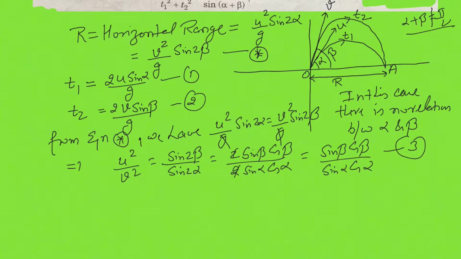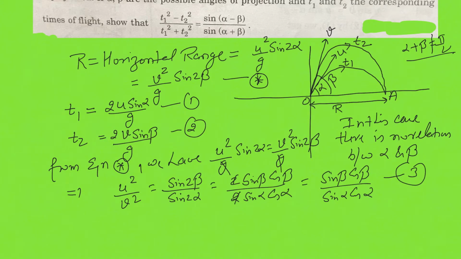Now take the ratio, because if you look at the problem, we are given T1 and T2. If we are anyhow able to find T1 by T2, then componendo and dividendo could give this one. So firstly we will try to find what is T1 by T2.